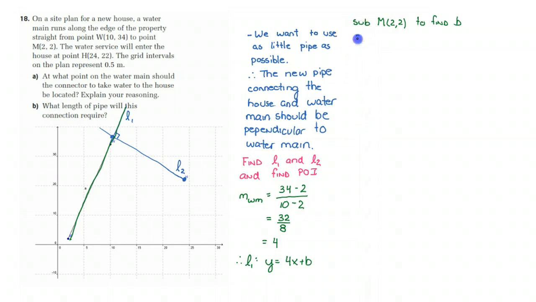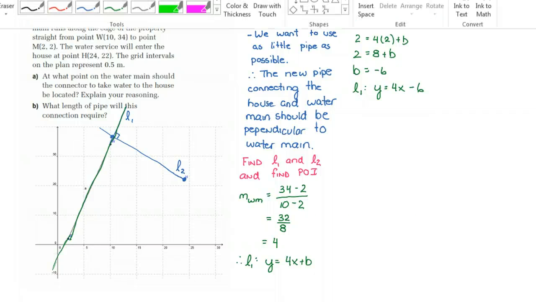So 2 is equal to 4 times 10 plus b. Wait, as spoken: 2 is equal to 4 times 2 plus b, 2 is equal to 8 plus b. So b is equal to negative 6. So L1 is y equals 4x minus 6. And I feel good about this because if I extend this green line, it should have a negative y-intercept.